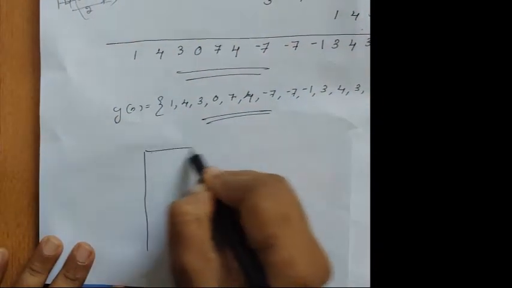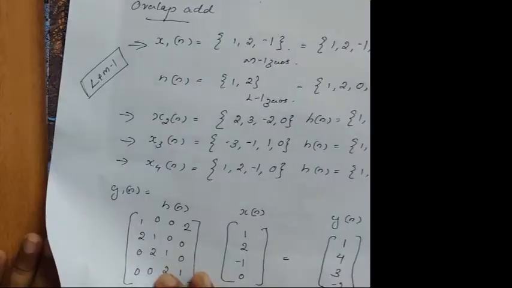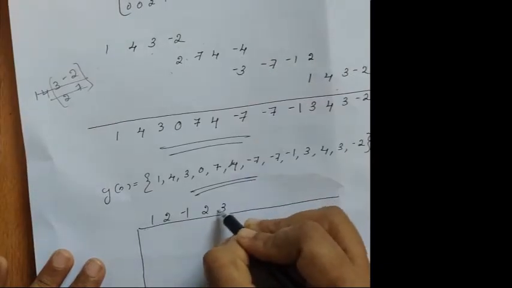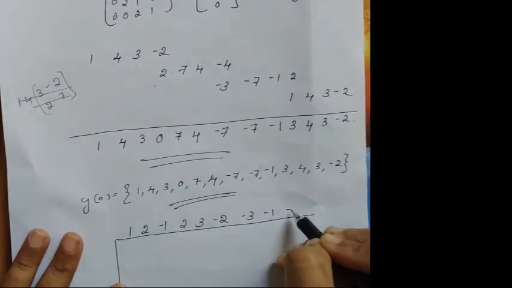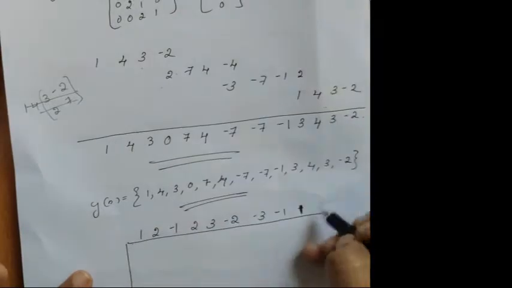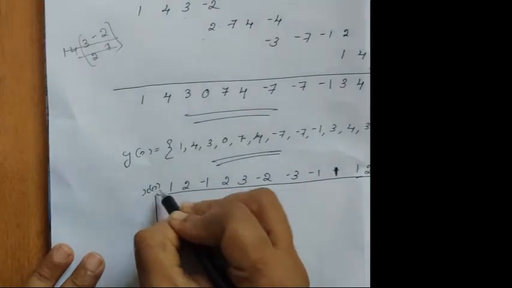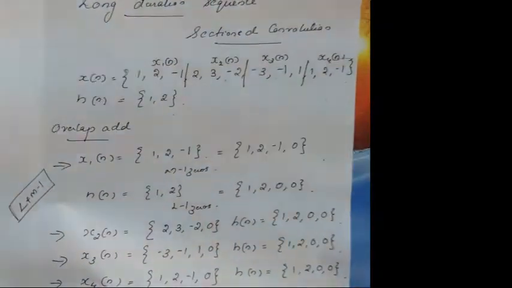You can also do this using the direct convolution method. What was the sequence you got previously? x of n is 1, 2, minus 1, 2, 3, minus 2, minus 3, minus 1, 1, 1, 2, minus 1. And h of n is equal to 1, 2.